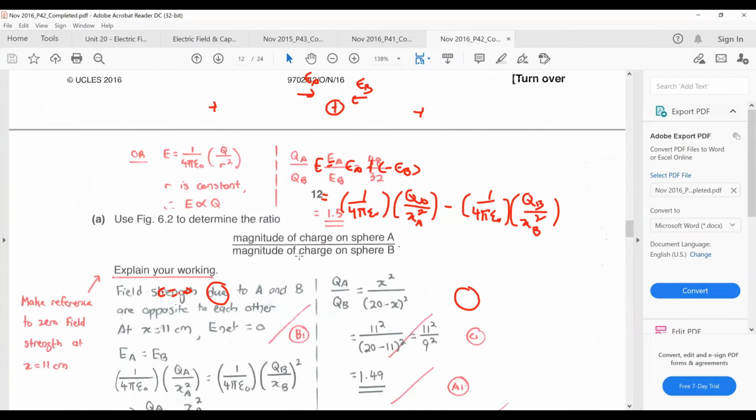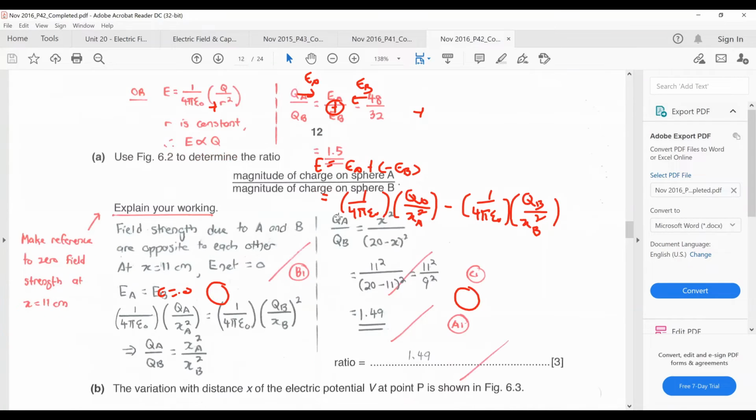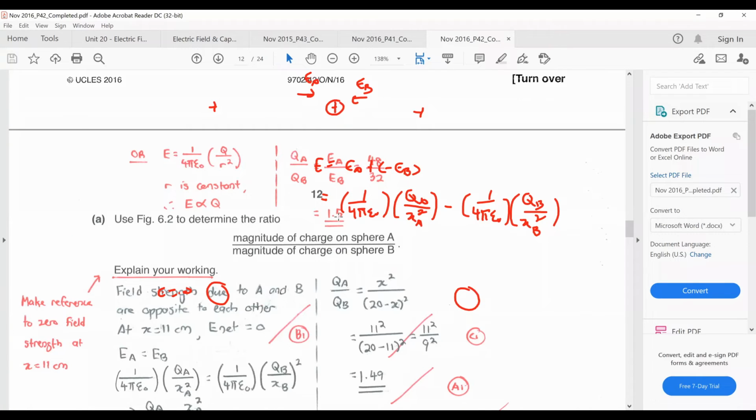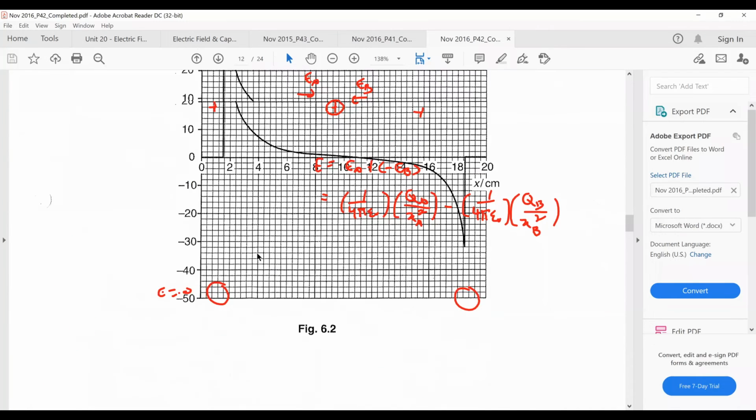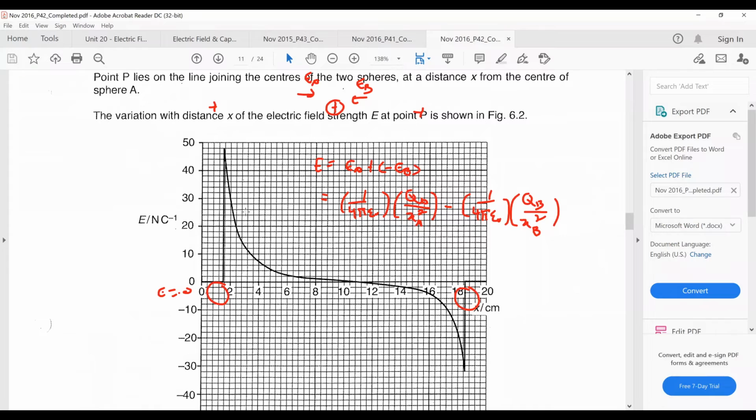They ask you to find the ratio of the magnitude of charge on sphere A to the magnitude of charge on sphere B. Now, you know that the resulting electric field strength at any point here is given by this equation. You want to find the ratio of QA to QB.